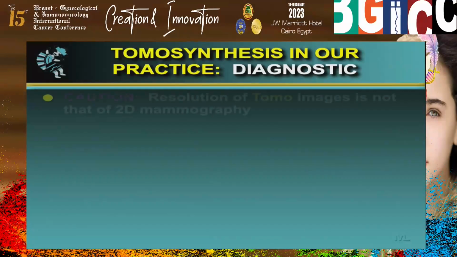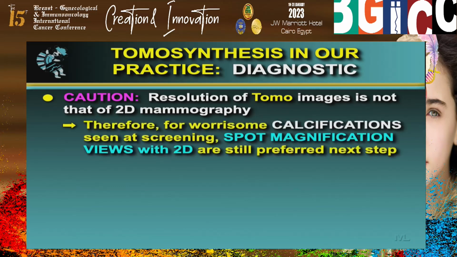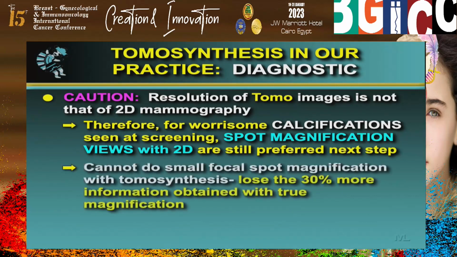Now, it is important to remember that the resolution on tomo is not what it is on 2D. Therefore, especially for calcifications, you still must do spot magnification views with 2D if you see worrisome calcifications on your tomosynthesis views. You can't use tomosynthesis to evaluate calcifications completely.